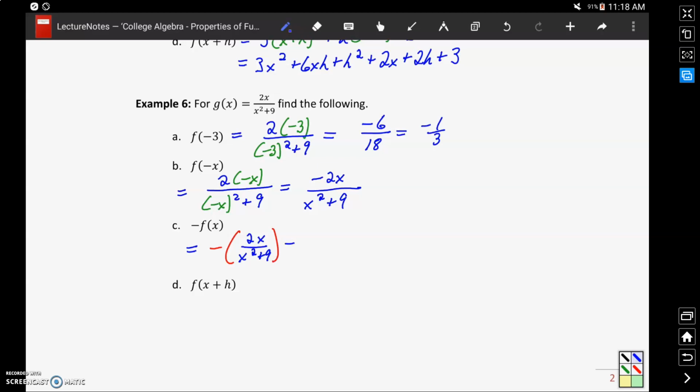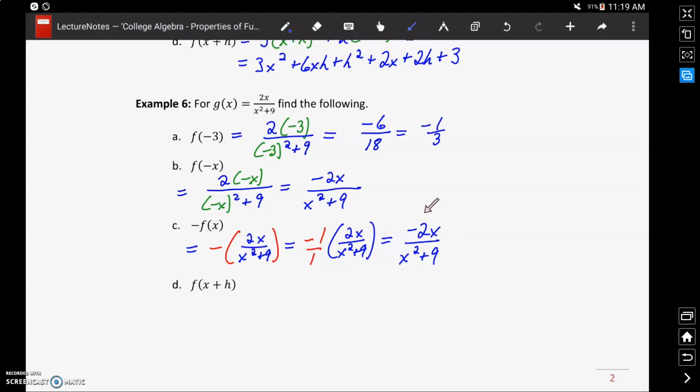One thing to keep in mind is that multiplying by that negative would be the same thing as multiplying by negative 1. Or to take that even a little bit further, negative 1 over 1. Which means only the numerator will get multiplied by that negative to give us negative 2x over x squared plus 9.